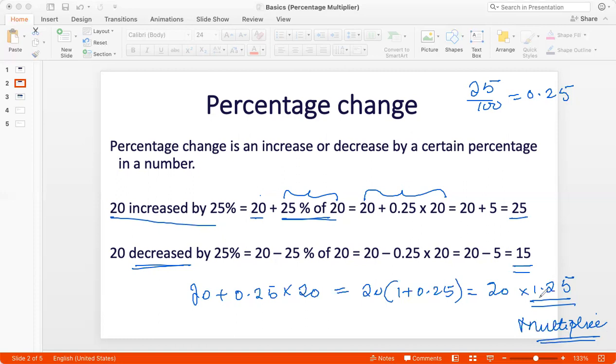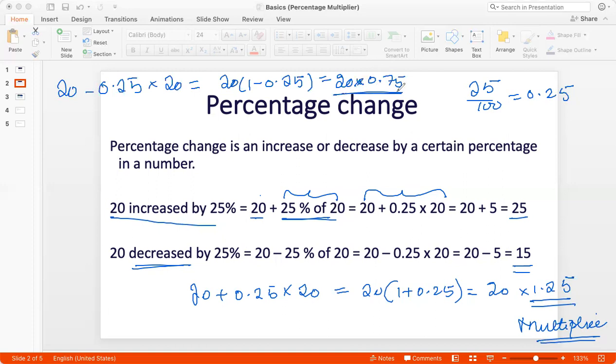Now, it's interesting because a 25% increase is represented as 1.25, right? Let's look at the decrease. If I were to look at the decrease, then I would say 20 minus 0.25 into 20, which is 20 times 1 minus 0.25, which is 20 times 0.75.